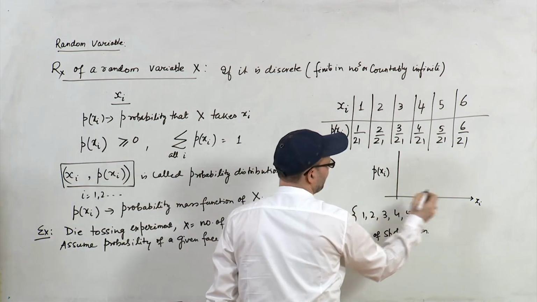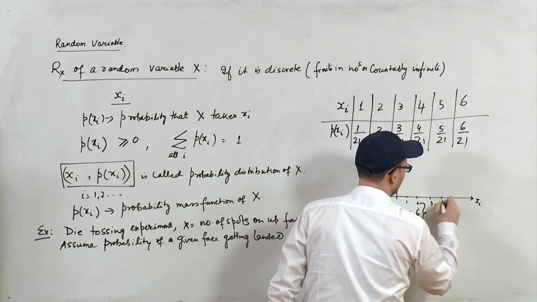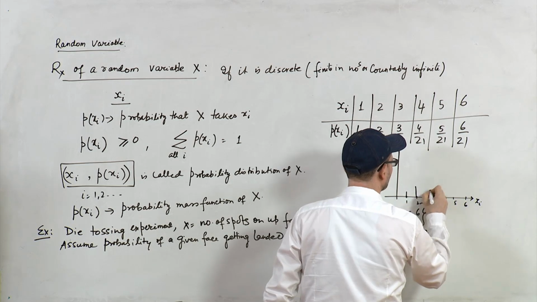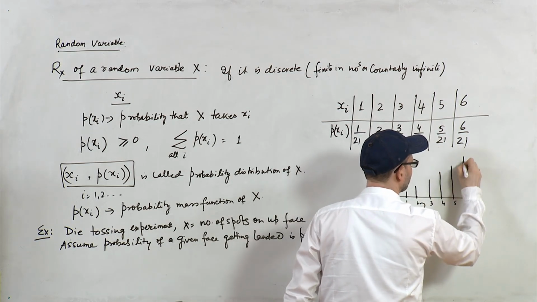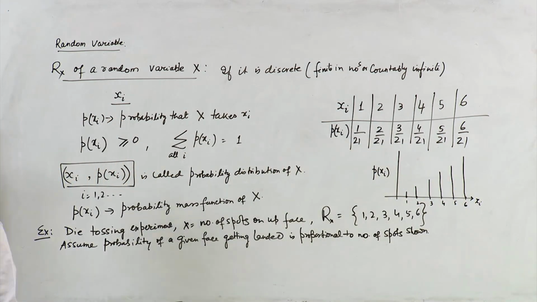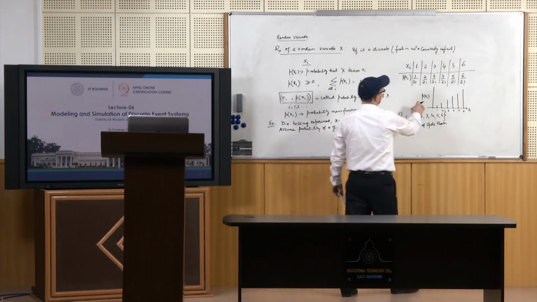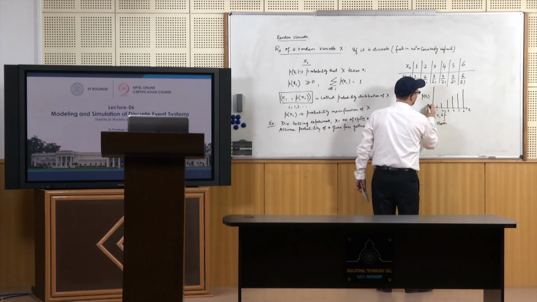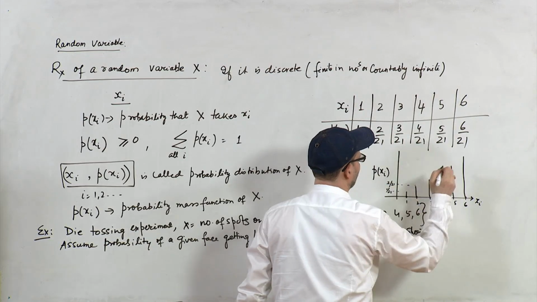You will have outcomes 1, 2, 3, 4, 5 and 6. This shows a distribution function and this is showing the probability value. So, this will be 1 by 21, this will be 2 by 21, like that.